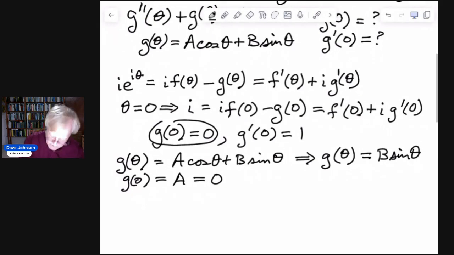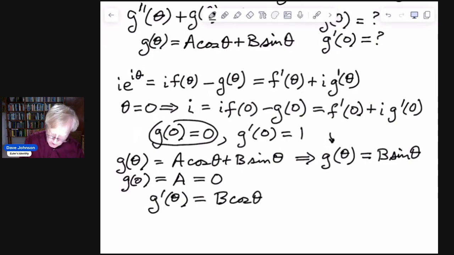Okay? Now, if we differentiate, in fact, we can differentiate this expression. So g prime of theta is equal to b times the derivative of sine theta, which is cosine. So we get b times cosine theta.